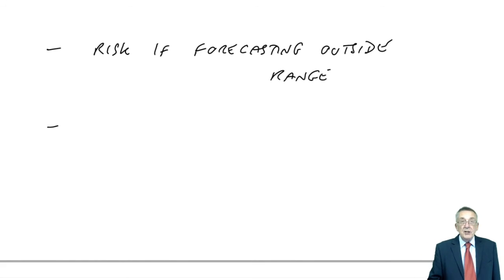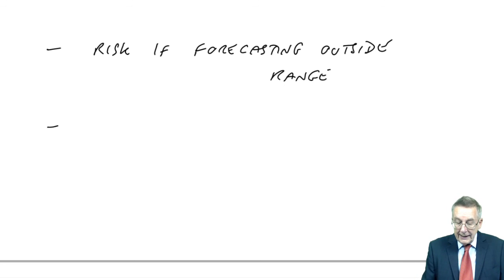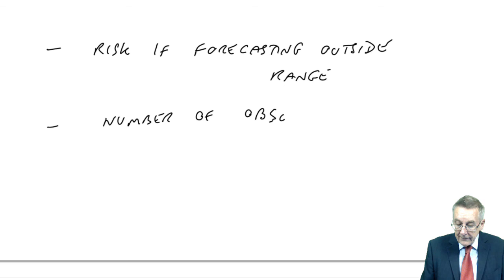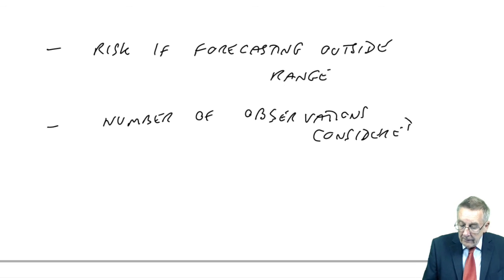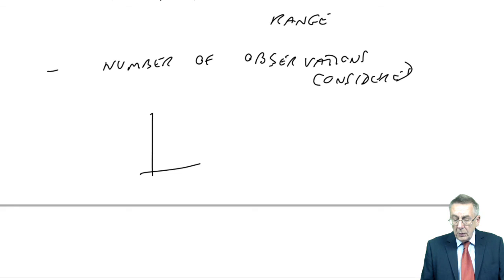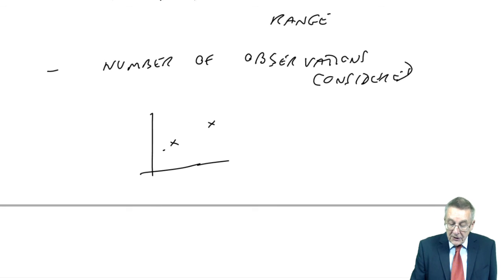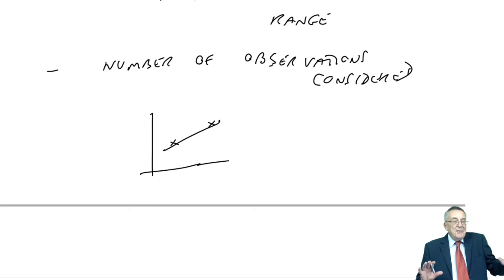A second danger is how many observations we've looked at. I'll write it down and then explain why. The number of observations considered. What I'm getting at here is, if we'd only looked at 2 observations, those lie exactly on a straight line. It's perfectly linear.